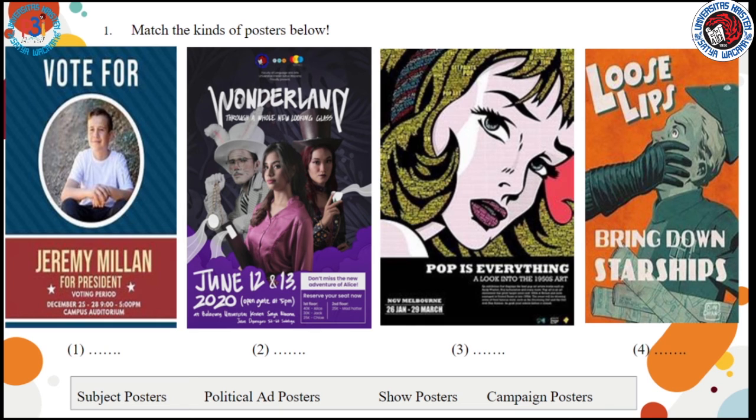Okay, the first one is a poster with a person, and the second one is kind of like an event, and then we have a woman there, and the last one is about a person grabbing someone's mouth. So you may pause the video and guess what kind of poster it is.